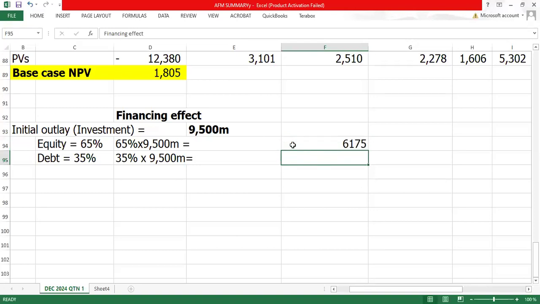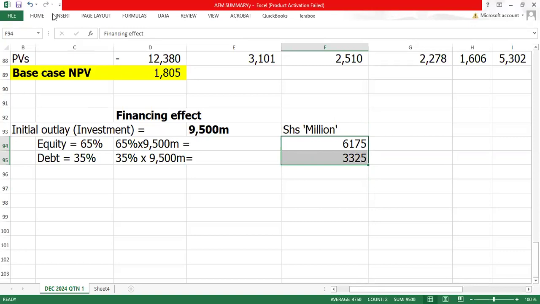Equity we need this, then debt we need is 35% times 9,500. So that's what we need. That's what we will use as we do these computations.